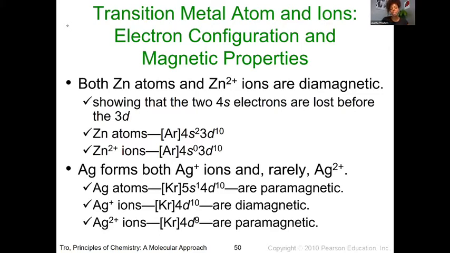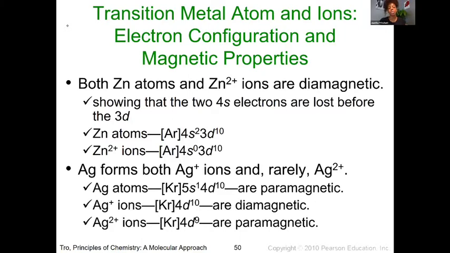But you could also have situations where the ion and the neutral species could be one or the other. That's based off of whether we have unpaired spins. In the example with silver, we have the electron configuration of 5s1, 4d10. Because we have that one unpaired spin in the s orbital, it is paramagnetic, and you would expect it to be attracted to a magnetic field.